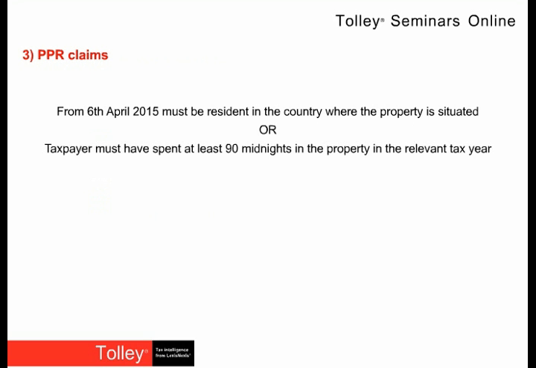In relation to UK properties, non-residents won't have to go through this process if their spouse or civil partner is UK resident, and the normal residence rules and the PPR rules will apply in that case.